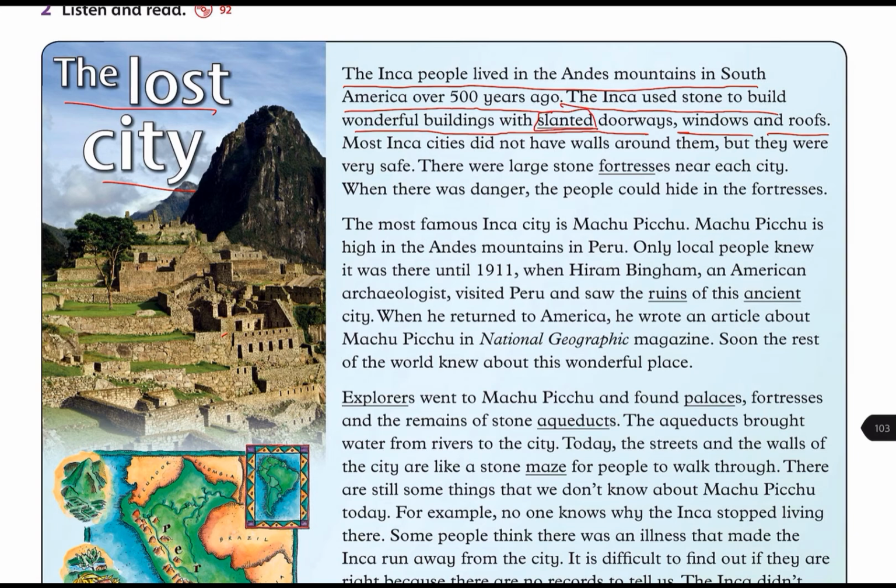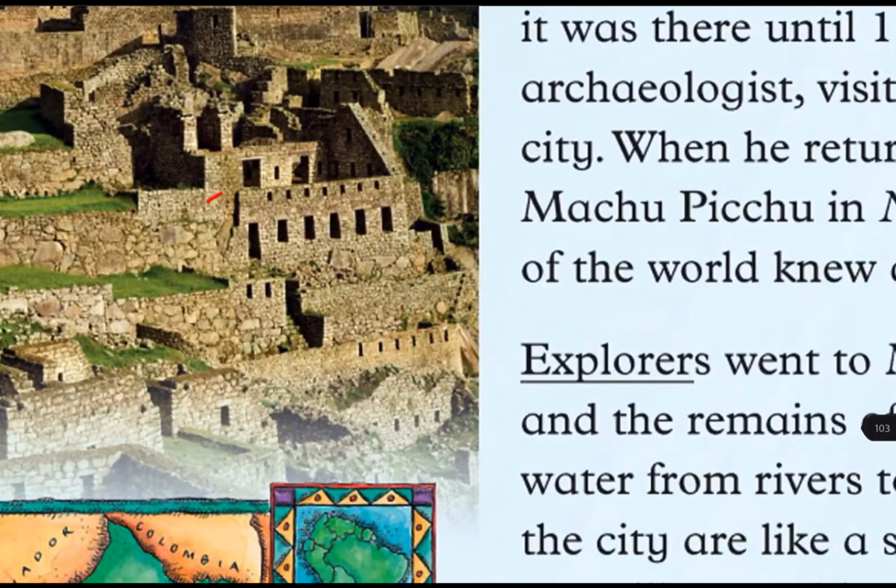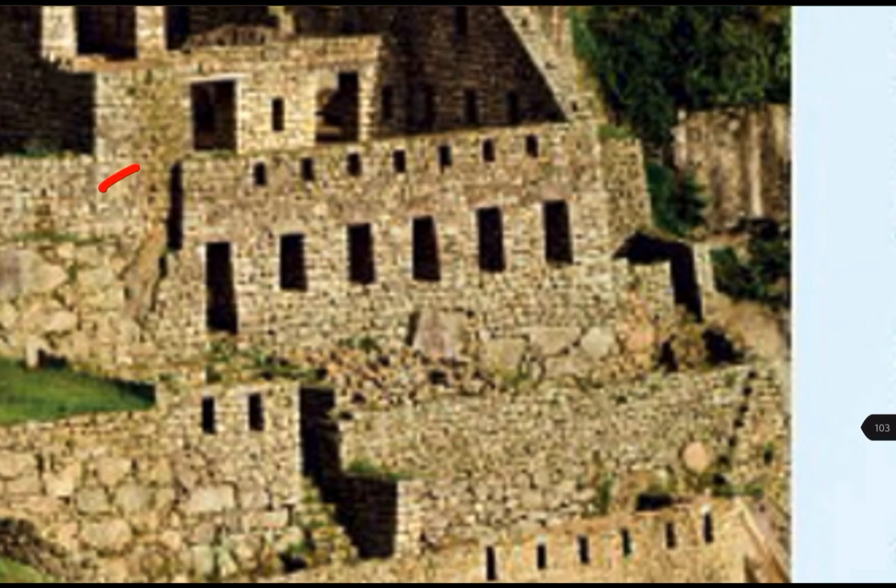Slanted means something which slopes in a particular direction. If something is slanted, it means it's not straight up. For example, look at the doors of the lost city. All the doors are slanted. It's not straight. It is slanted in this way. The doors are like that. It is slanted. Okay.